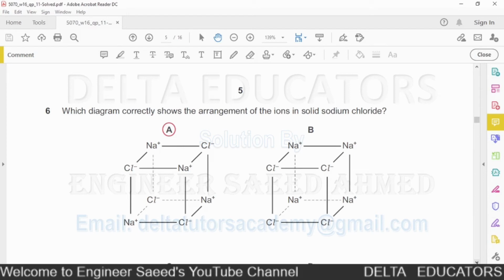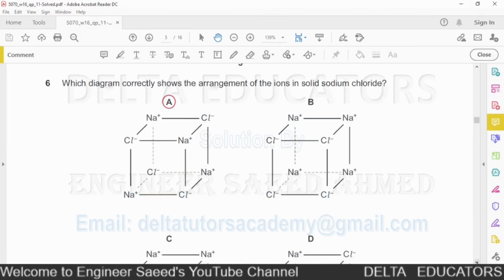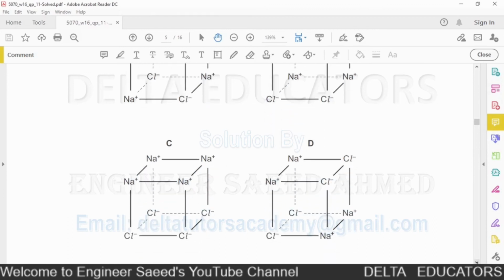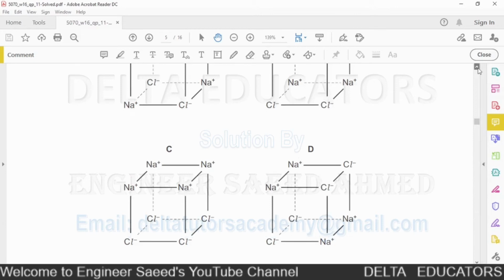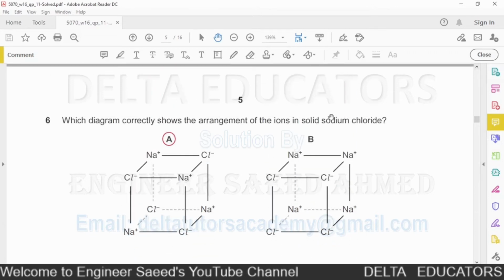Question number 6. Which diagram correctly shows the arrangement of the ions in solid sodium chloride? Sodium chloride has a cubic crystalline structure. And in all the 4 options A, B, C and D, we have a cubic crystalline structure. Now in sodium chloride, we have sodium ion and chloride ion.